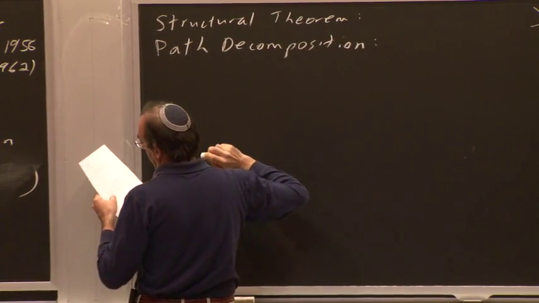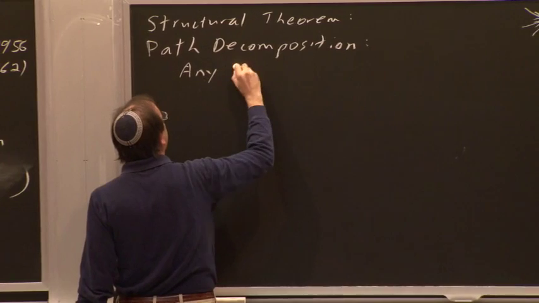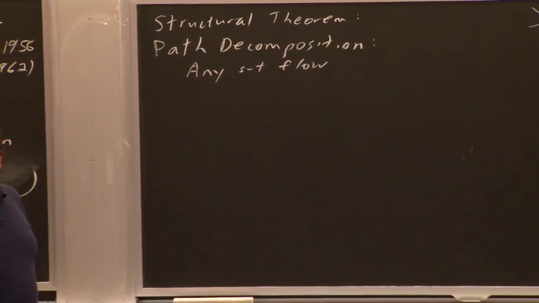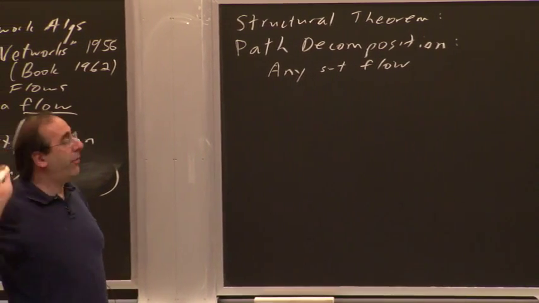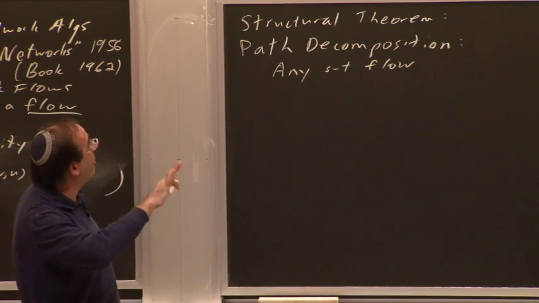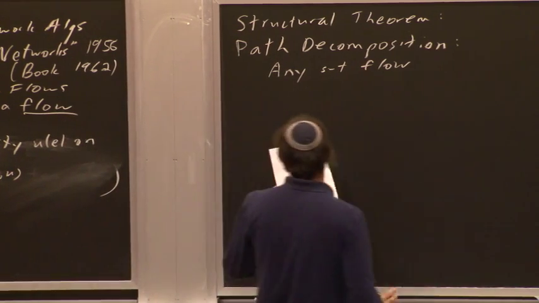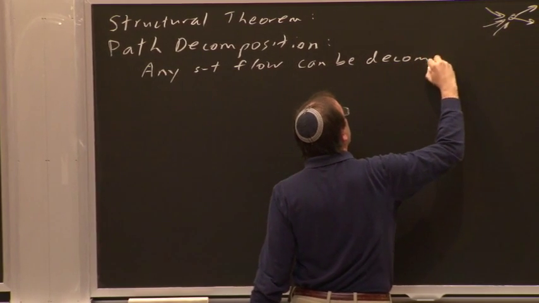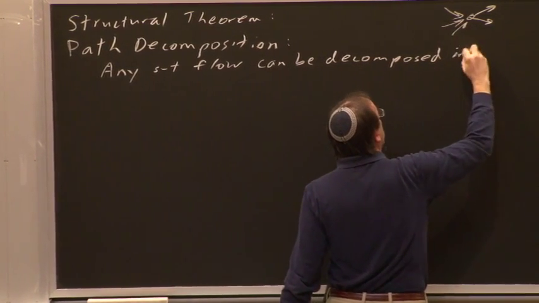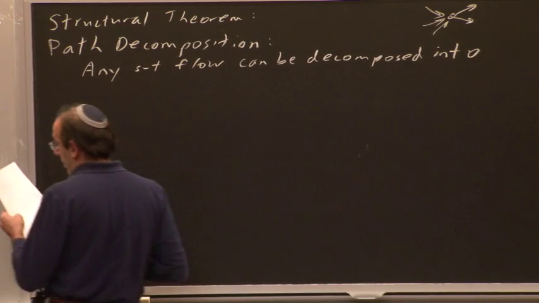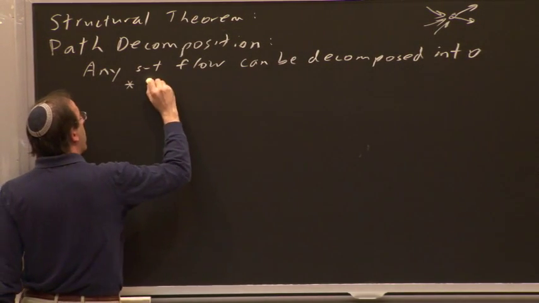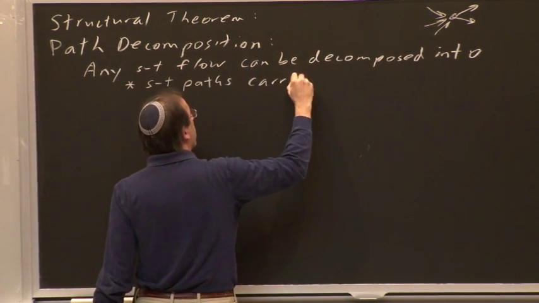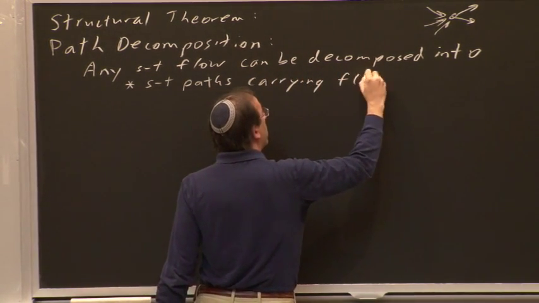It says that any ST flow, and this is actually true regardless of whether it satisfies capacity constraints, this is just if it's a flow, if it has conservation, then it can be decomposed into, well, what I just said, ST paths carrying flow.